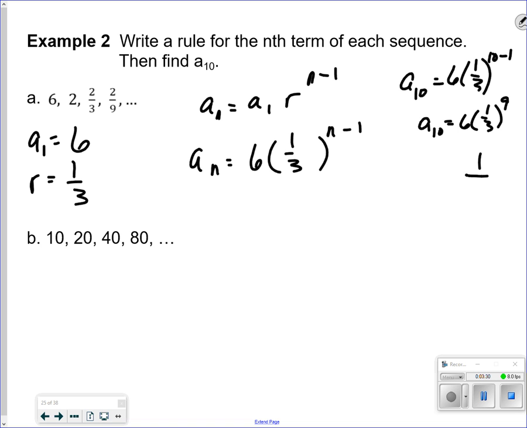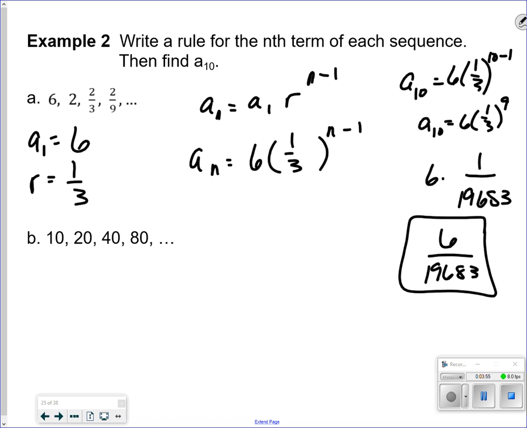I ended up getting a real nasty decimal. When that happens, just do the number raised to the power. So 6 divided by 19,683, and there it is.